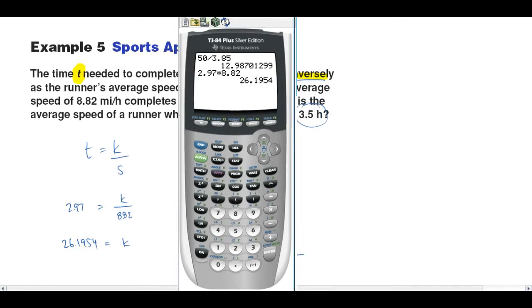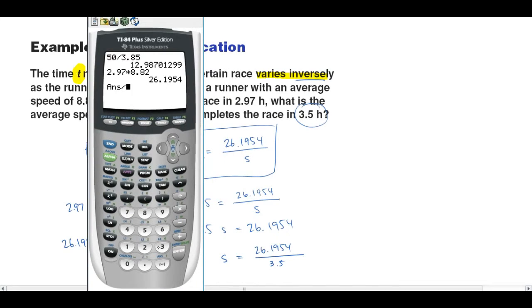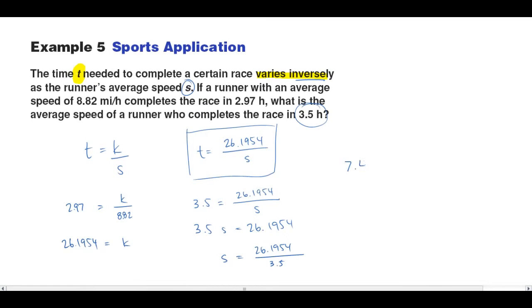I'm going to grab my calculator, and it is going to tell me that that person's average speed was 7.48 miles per hour.